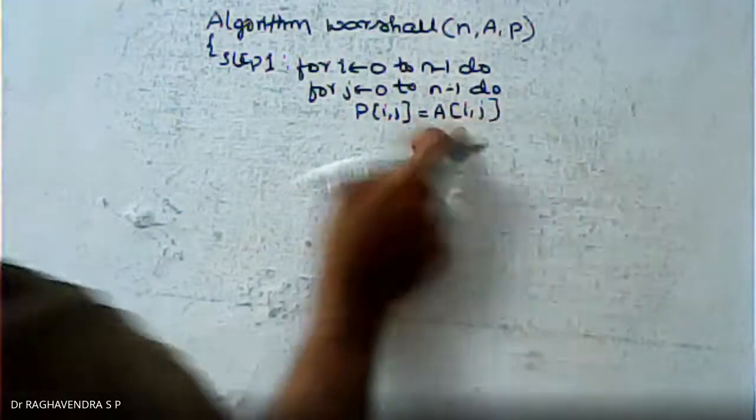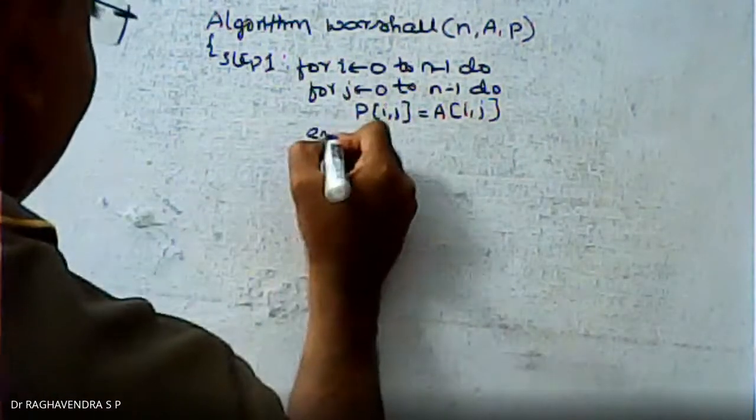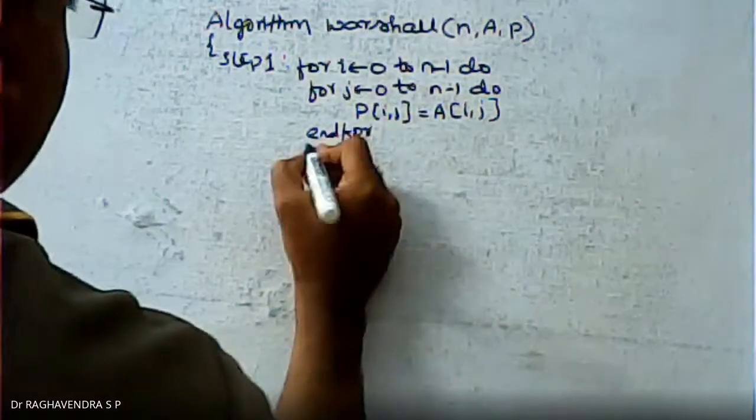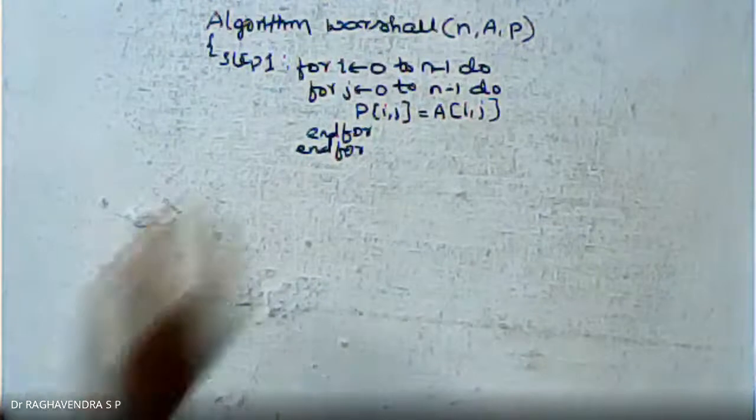We are copying A of I comma j here into the path matrix. So end for, again end for, then step 2.